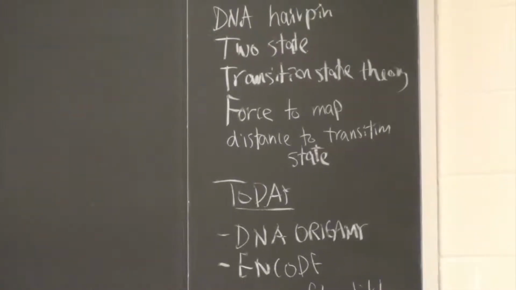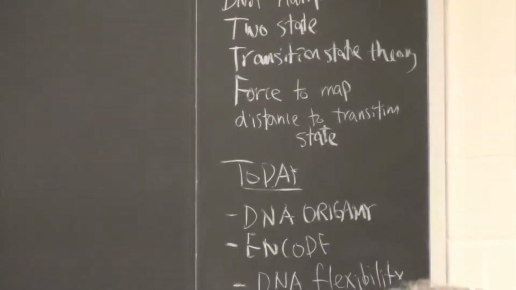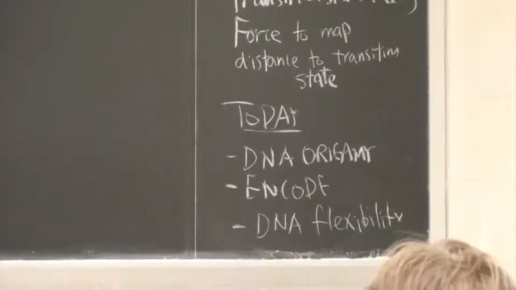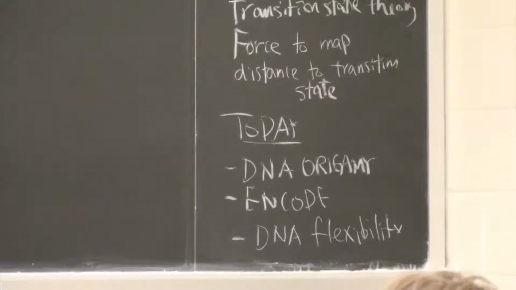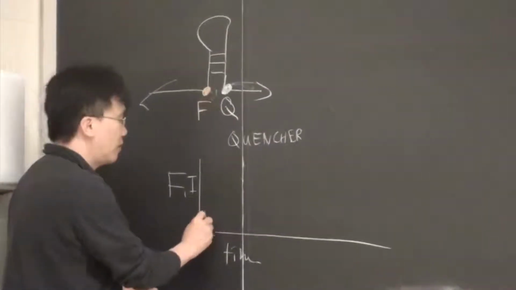So if you measure a signal from this molecule, this is fluorescence intensity and time. And in this closed state, you excite the fluorescent molecule using a laser, but it is quenched by the adjacent quencher. So your fluorescence signal will be very, very low.